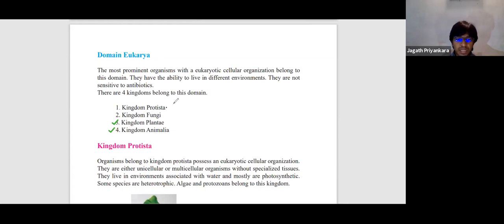If you want, write within brackets, even with the pencil, under kingdom Protista you get Protozoa plus Algae.